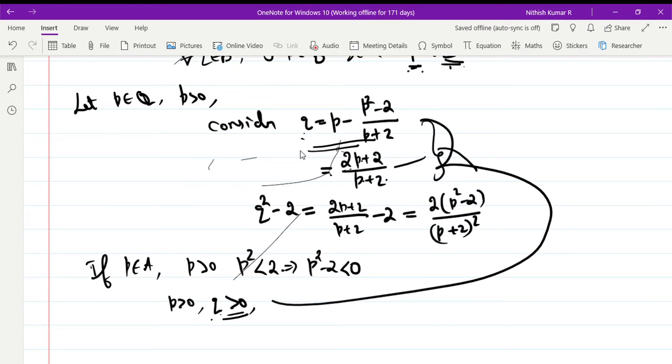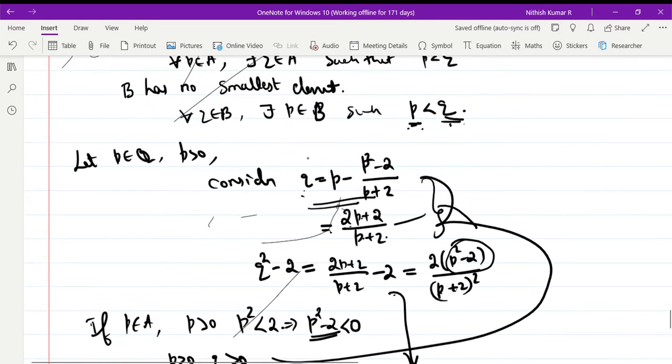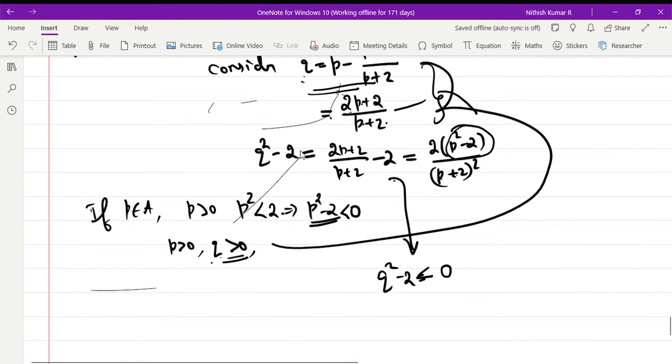Now using this relation, we get q square minus 2. Observe p square minus 2 is less than 0, but 2 divided by (p plus 2) whole square is greater than 0. Therefore this number is less than 0. That means we got q belongs to A.